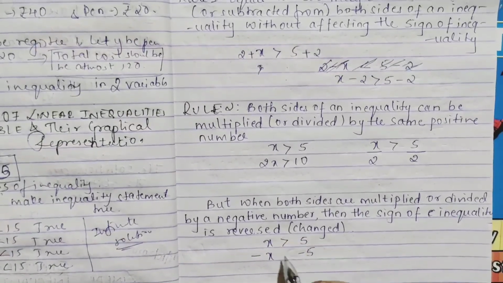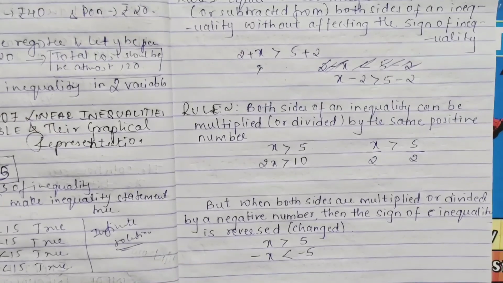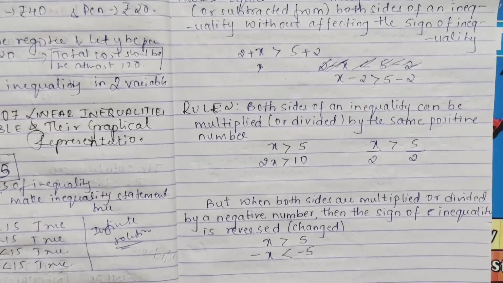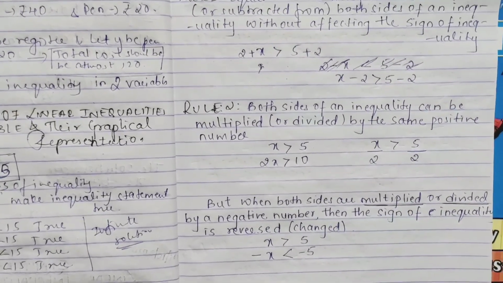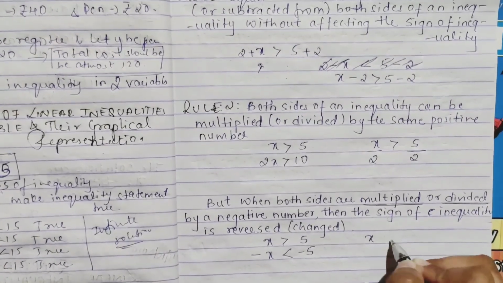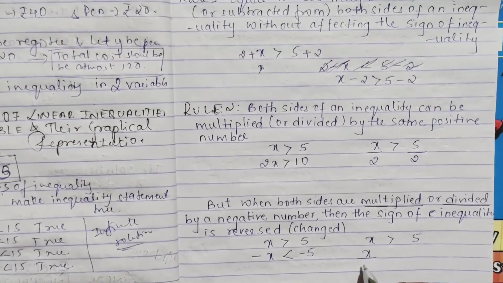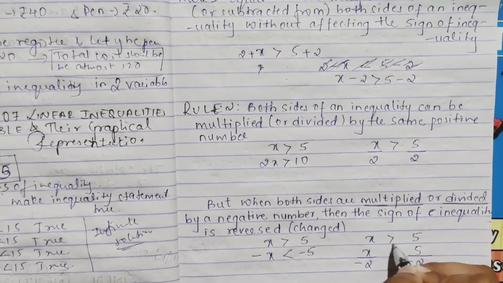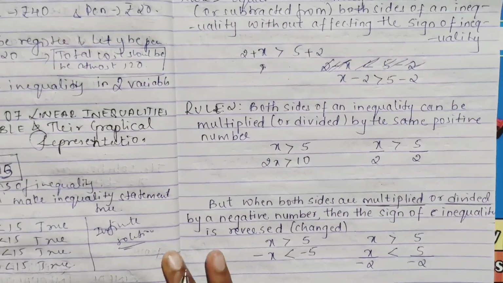This greater than becomes less than. Now if you are dividing x greater than 5 by -2, x divided by -2, 5 divided by -2, then your inequality greater than changes to less than.